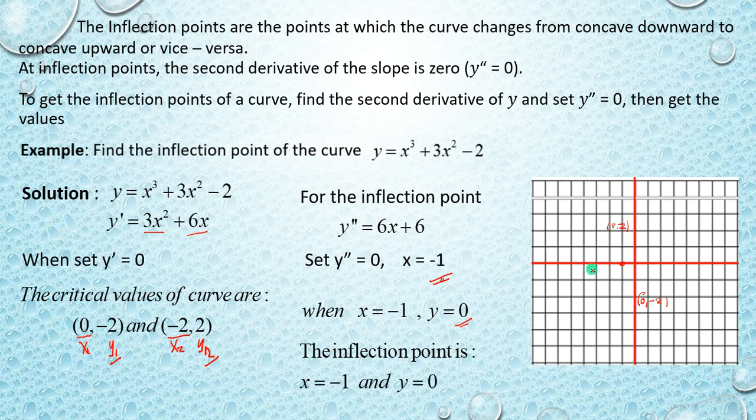So we need to plot this point on the graph. So this is the inflection point, which is negative 1 and 0. This portion is where the curve changes from concave downward to concave upward. So that's the inflection point.